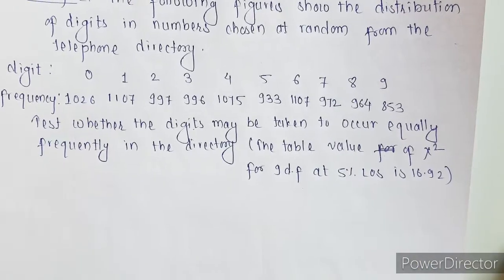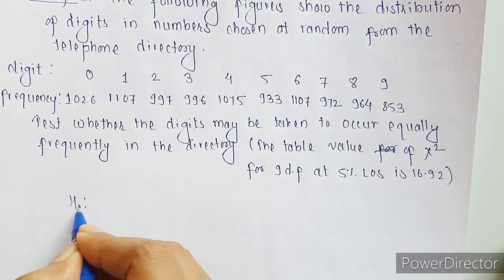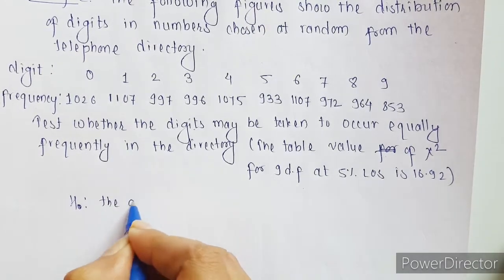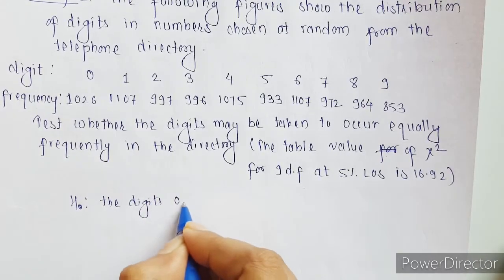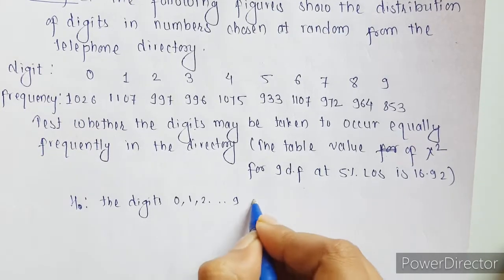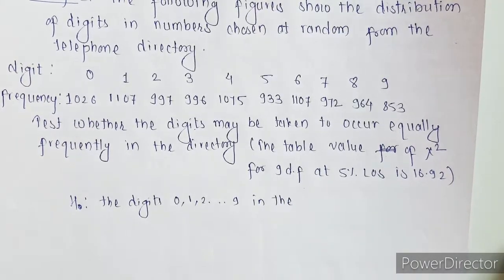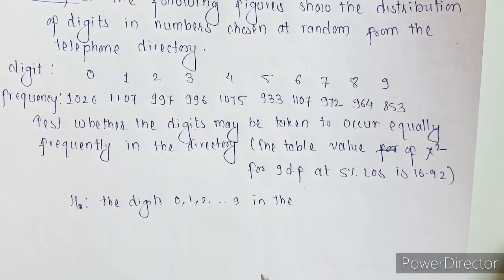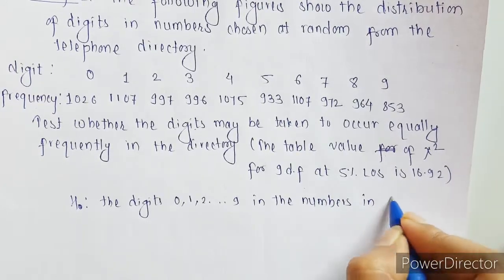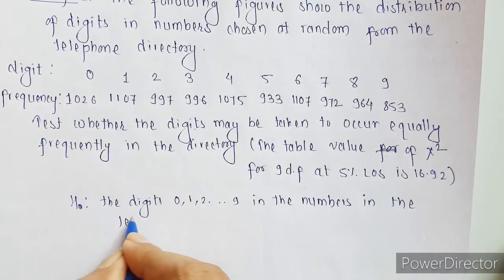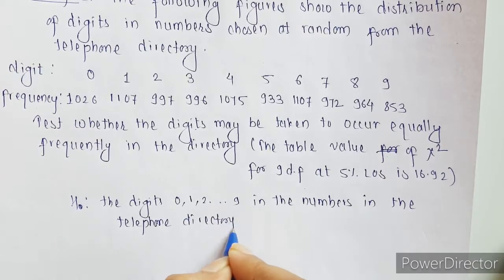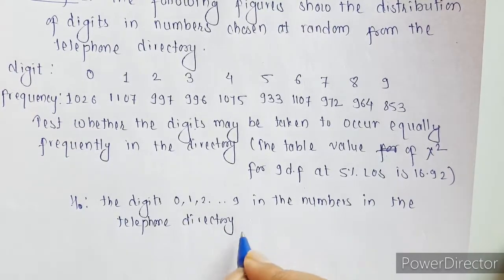So first thing we have to set our null hypothesis. What will be our null hypothesis in this case? The digits 0, 1, 2 till 9 in the numbers in the telephone directory are uniformly distributed.